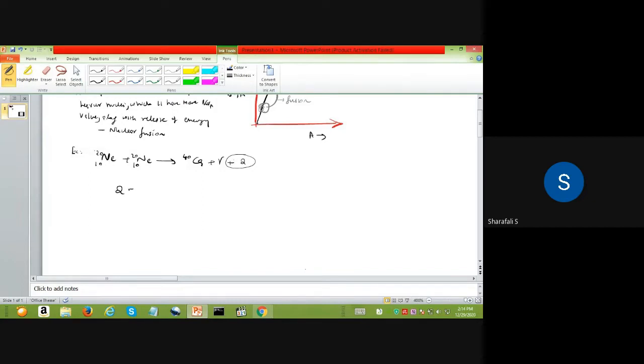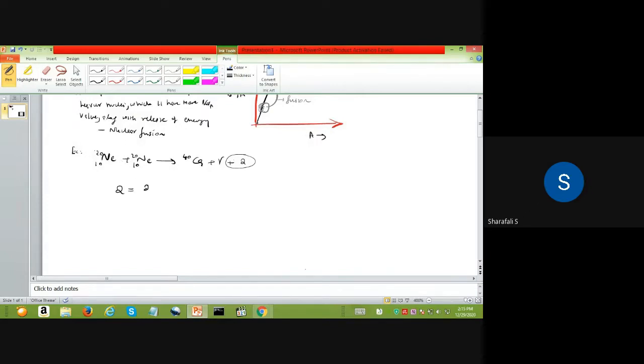That Q value will be given by the energy of the reactants, that is the lighter nuclei, subtracted from the energy of the product nucleus. So that is the mass of neon in this case. Two neon nuclei are present, so 2 times mass of neon-20 times c square will come.